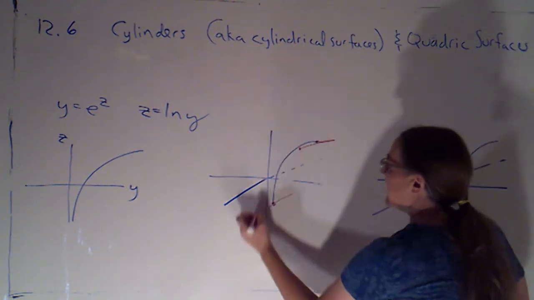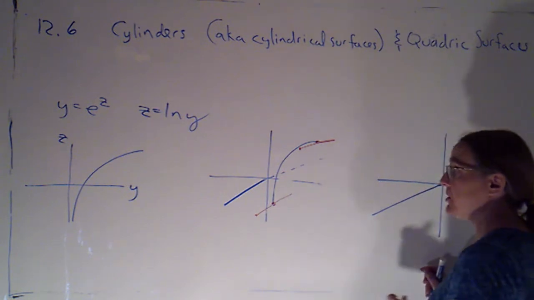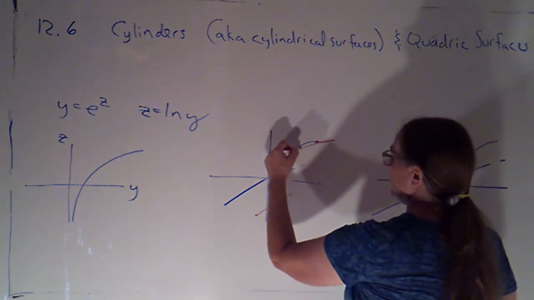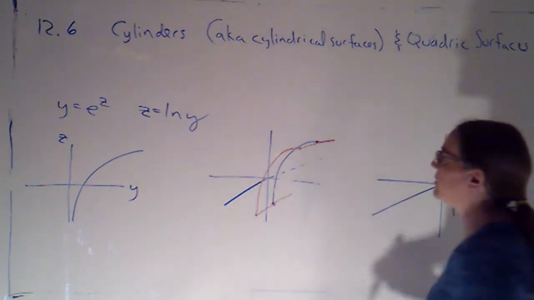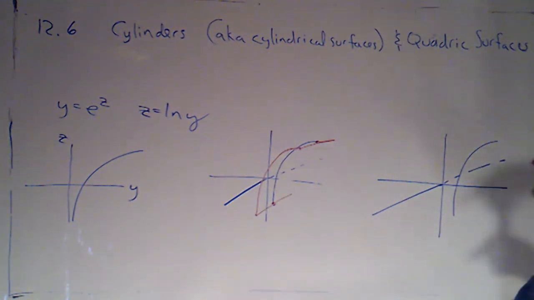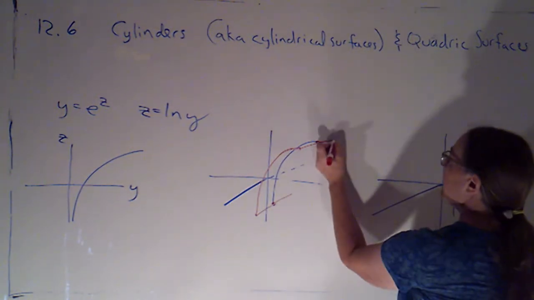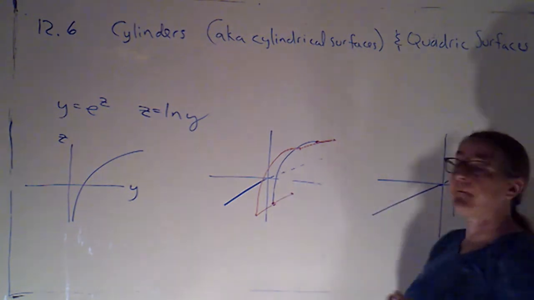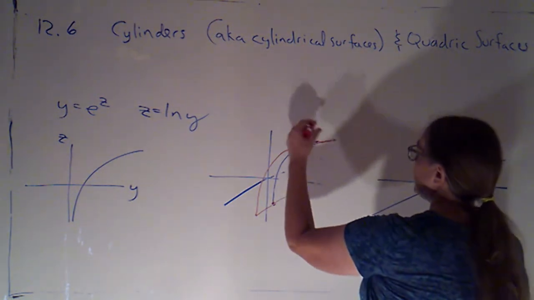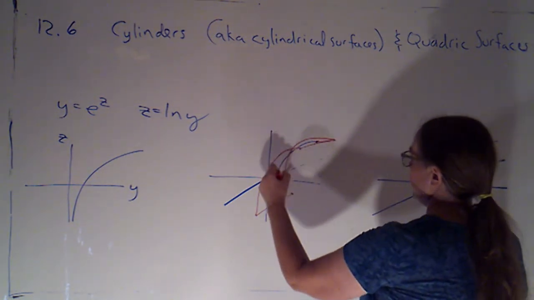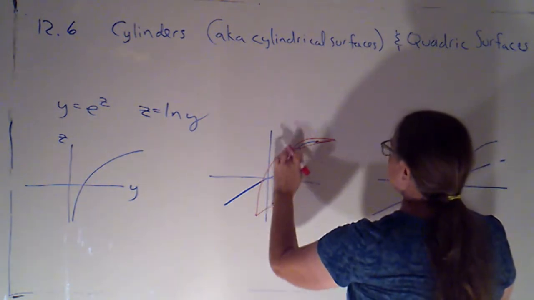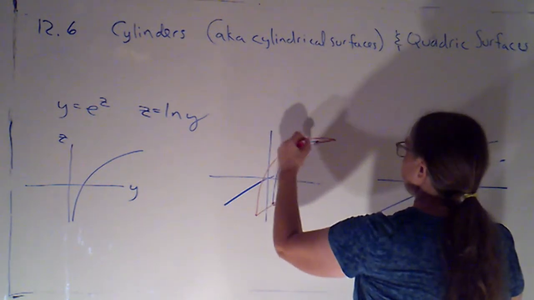This point and this point are the frontmost points. I'm going to draw in a translated copy of the curve to connect those. This point here and this point here are the backmost points. I'm going to draw in a translated copy of the curve to connect those.